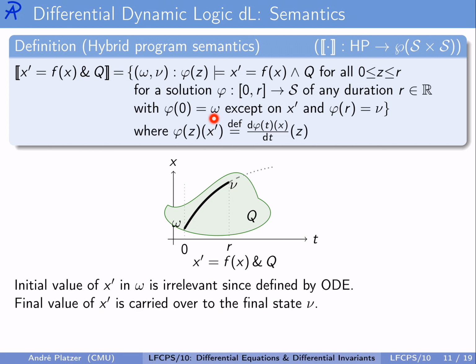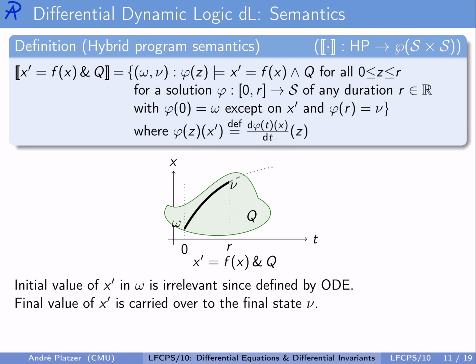Why is that important? Well, because the value of x prime is supposed to be this time derivative right away. I mean, there's no reason to believe it already starts with this time derivative. In other words, what we have already done is that along a differential equation, x primes have very well-defined meanings, namely they exactly correspond to the time derivatives that the values of x have over time, but at most moments time derivatives are actually even meaningful.